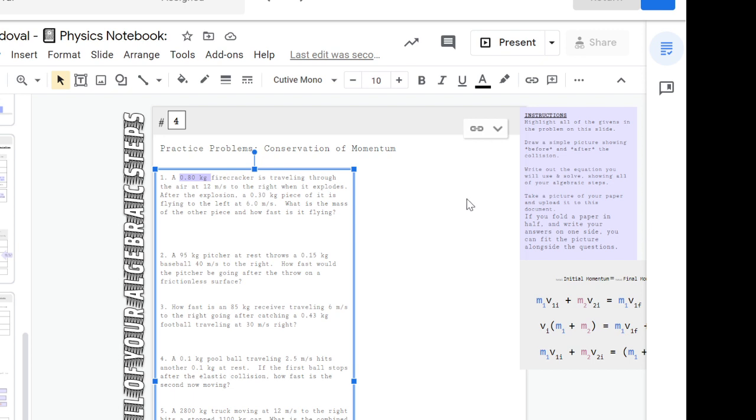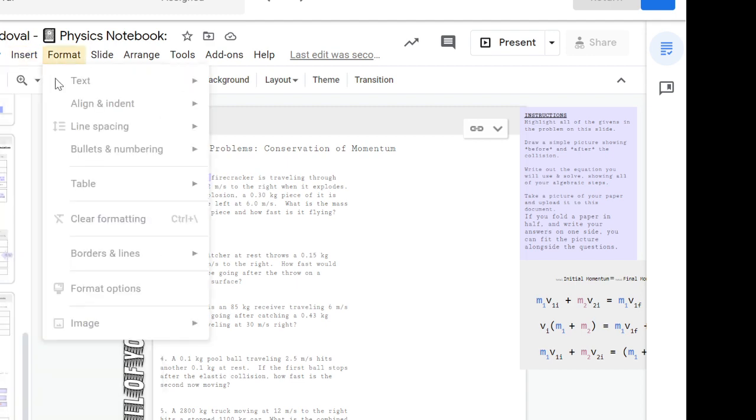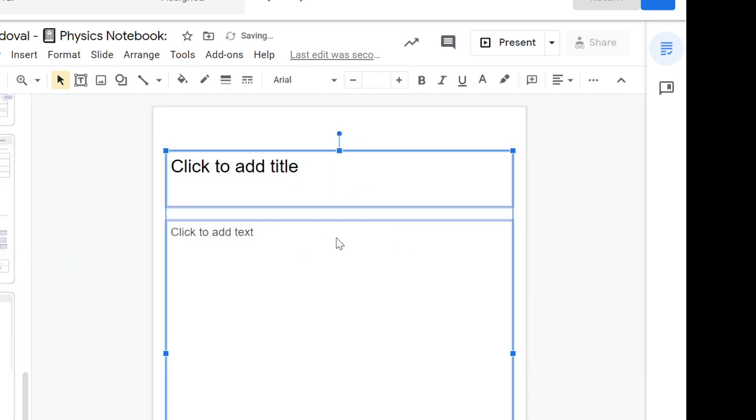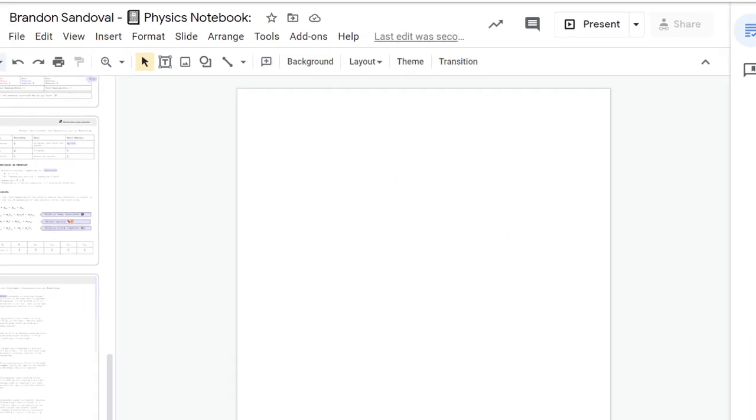And then I recommend either trying to fit your answers in the right hand side, or if you want to just create another slide, take a picture of your work written on paper and then insert it onto the next slide. That would be perfectly fine.